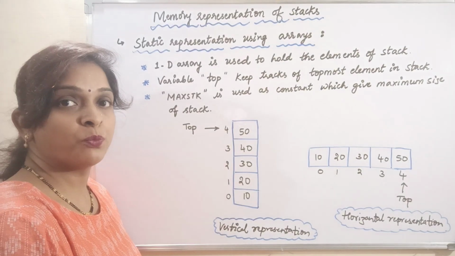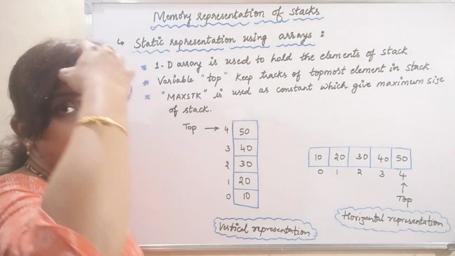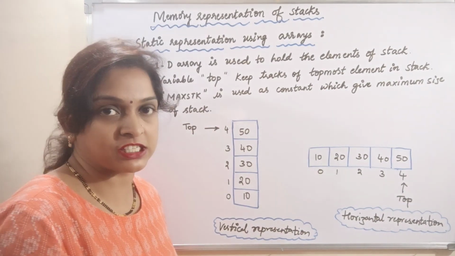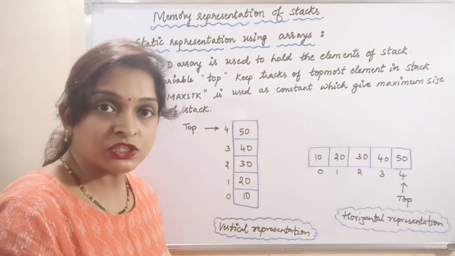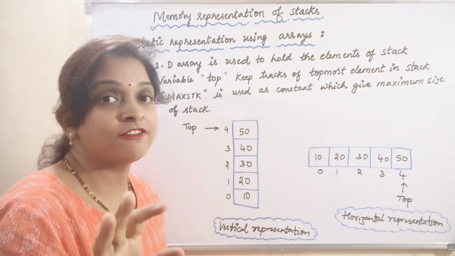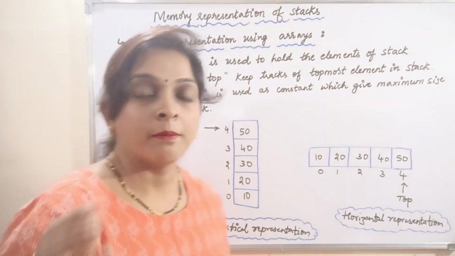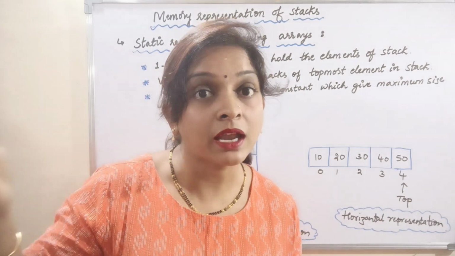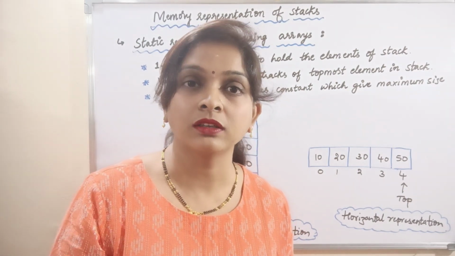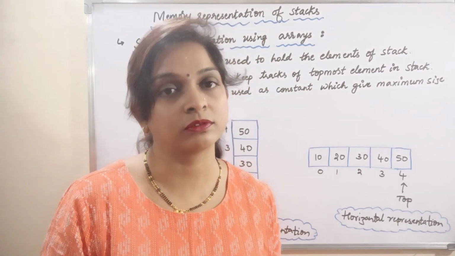Here we go with the first method, that is the static representation using arrays. The name itself tells you static. Static means fixed. And array, of course, we all know, is a linear data structure and the elements are of fixed size. If I say I can store a maximum of 10 elements, I can store less than that but not more than that.